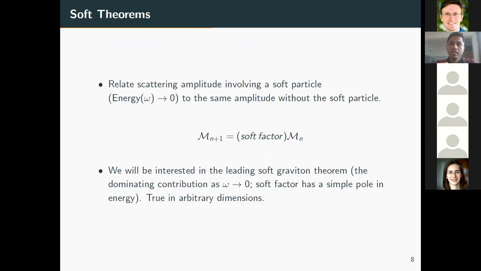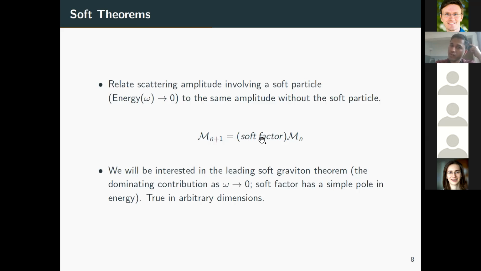Around the same time, coincidentally, there was a separate direction of work in gauge and gravity theories. People found that there are actually factorization theorems in these theories. If you have a scattering amplitude with a soft particle, that is a particle whose energy is going to 0, it factorizes into a scattering amplitude without the soft particle, times a soft factor.